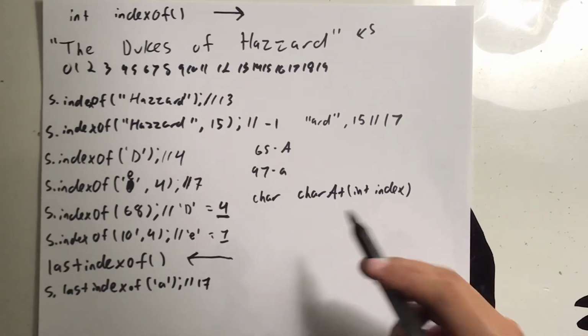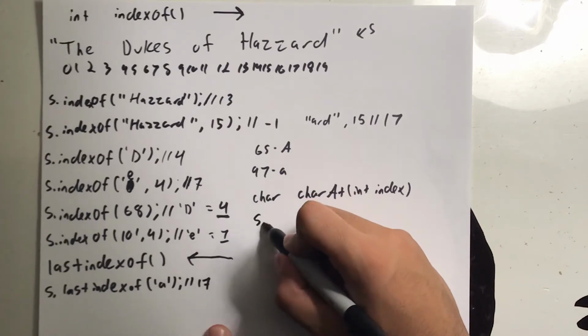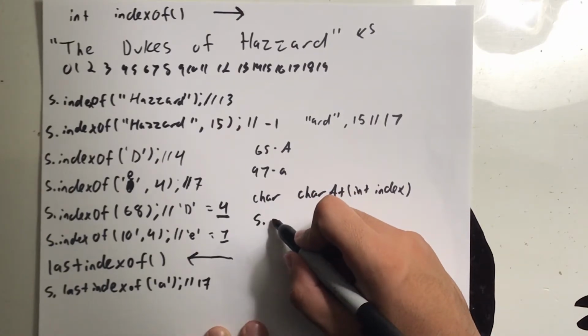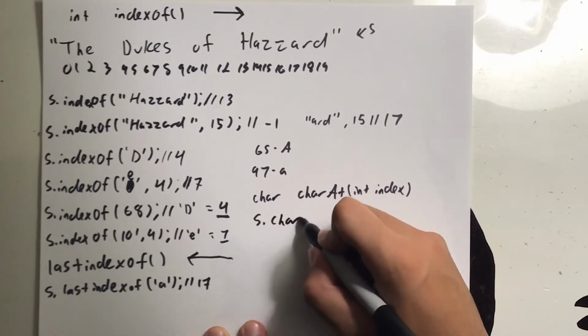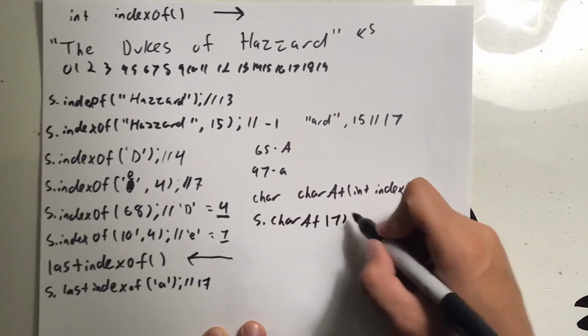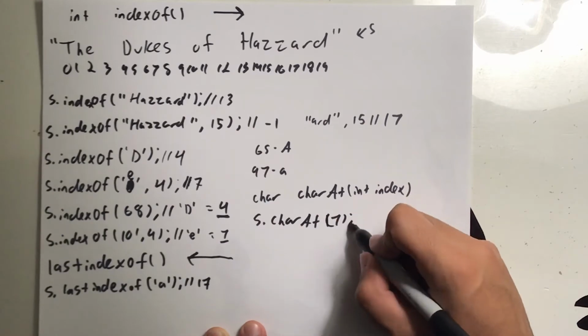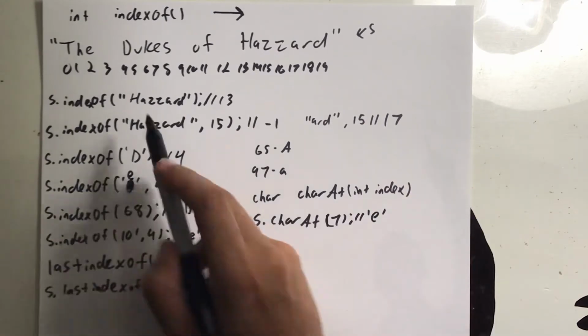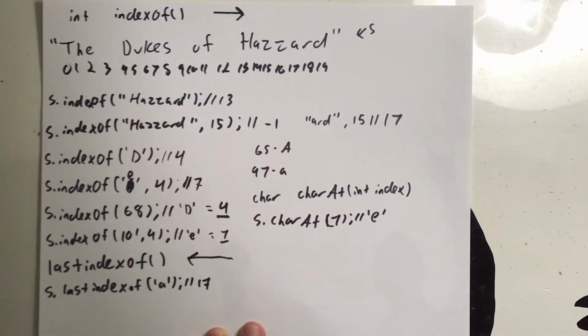So let's say we had s dot charAt 7. The answer would be e, right? Because at index 7, it's lowercase e. And that's pretty much it.